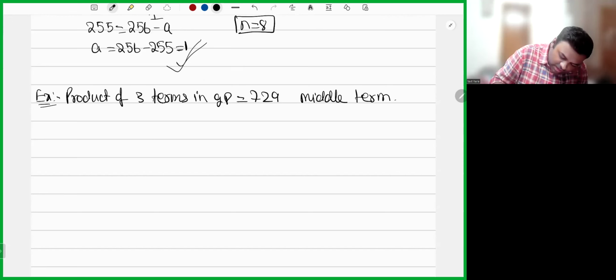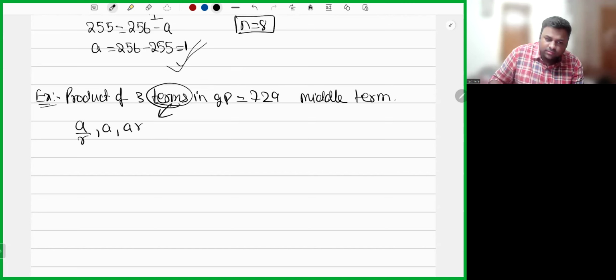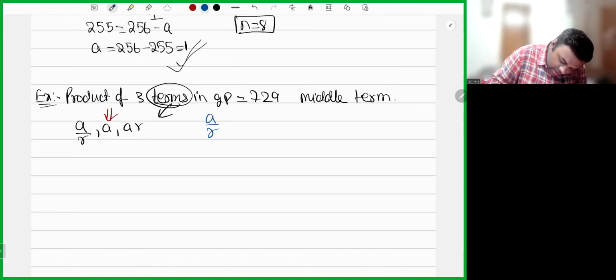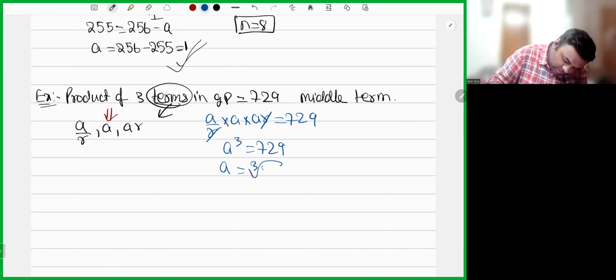If three terms are given in geometric progression, they will be A by R, A, AR, with the middle term being A. He is telling the product A by R, A, AR will be equal to 729. R and R cancel. A cube is equal to 729. A is equal to cube root of 729. I hope 9 is the answer.